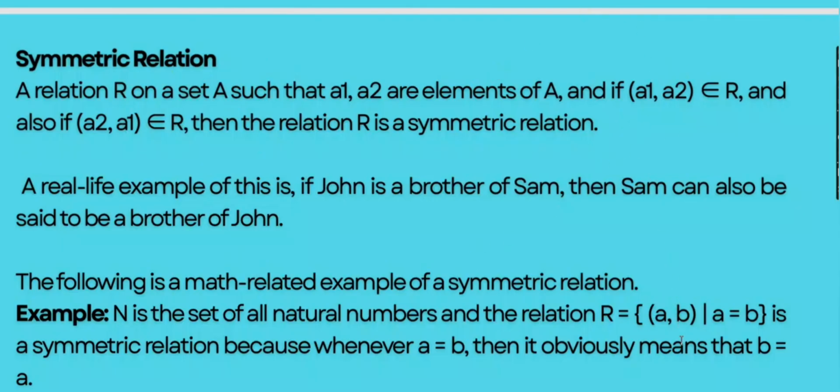If there are elements in set A, which are nothing but a1, a2, two element values, and I want to make a symmetric relation, it means that if the pair (a1, a2) is present in the relation, then its reverse must also be present. What will be the reverse? (a2, a1), isn't it? So both must be present in the relation. That is called symmetry.